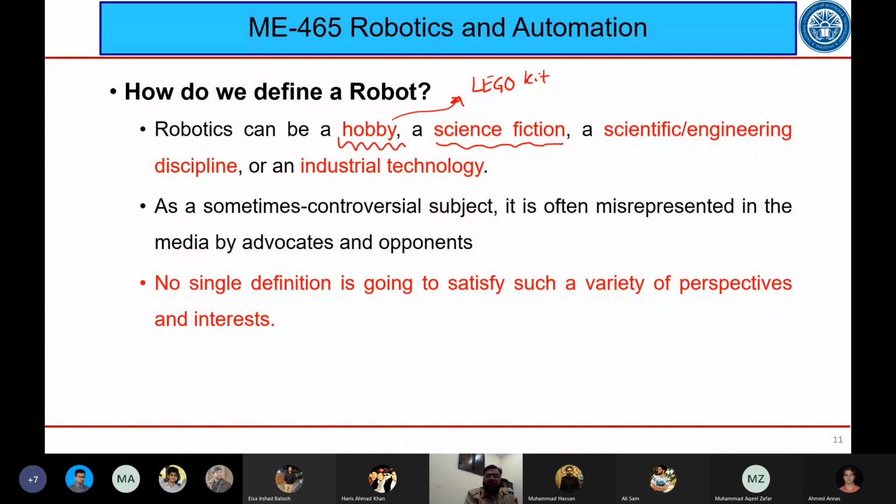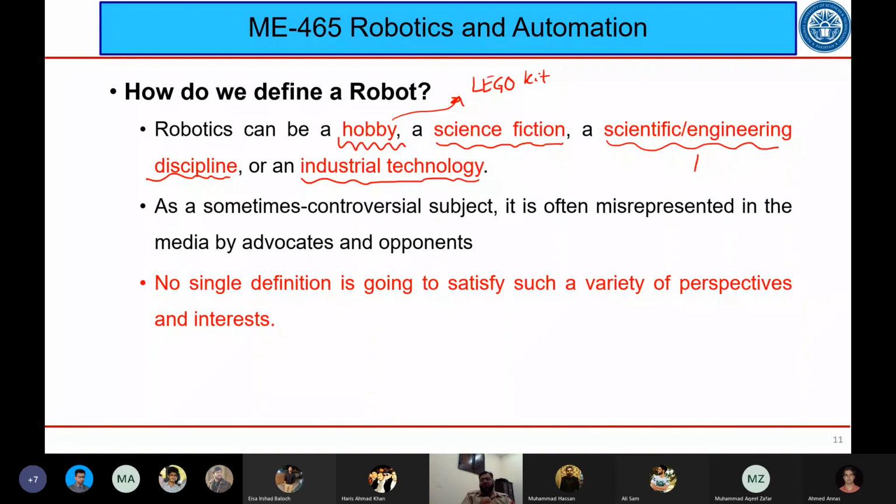Some people say that it's science fiction, and what we say as engineers is that it is scientific and an engineering discipline. With this engineering discipline, we make robots which are used in industrial technology.